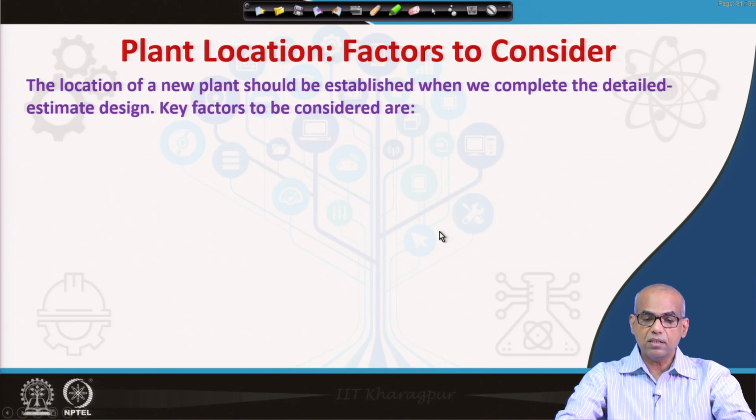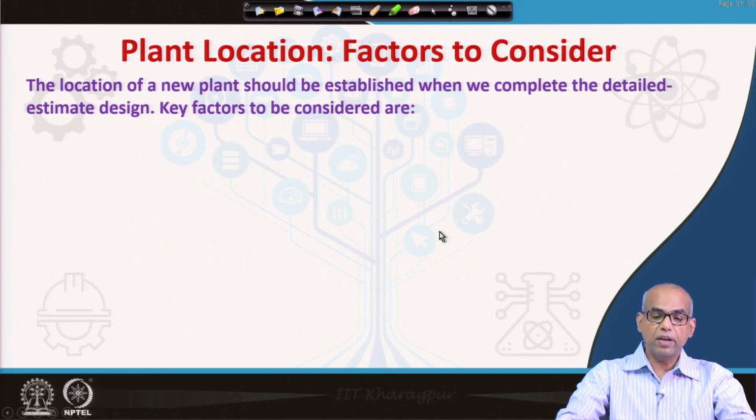Now, let us consider in details the various factors that you must consider to decide the location of a plant. The location of a new plant should be established when you complete the detailed estimate design.